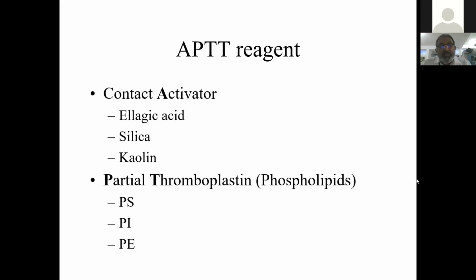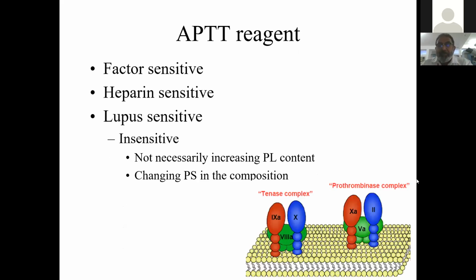So all this now started becoming important because we know that phospholipids are the surface on which the tenase complex and the prothrombinase complex will form. See, these complexes will only form in the presence of anionic phospholipid, calcium, and then of course these coagulation factors. For example, here you can see the tenase complex requires the phospholipid, and the prothrombinase complex also requires the phospholipid.